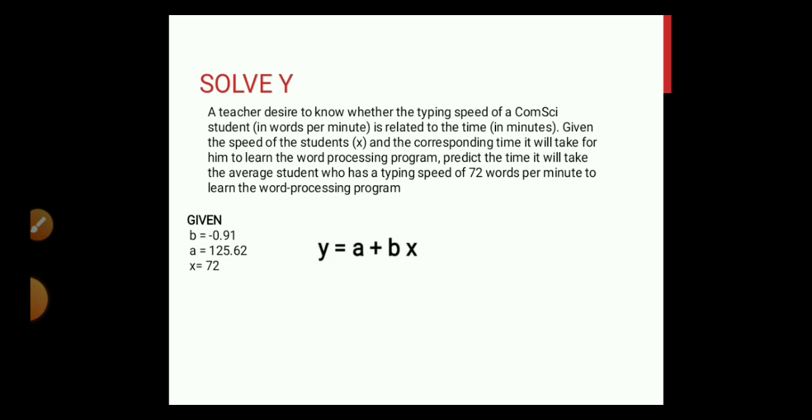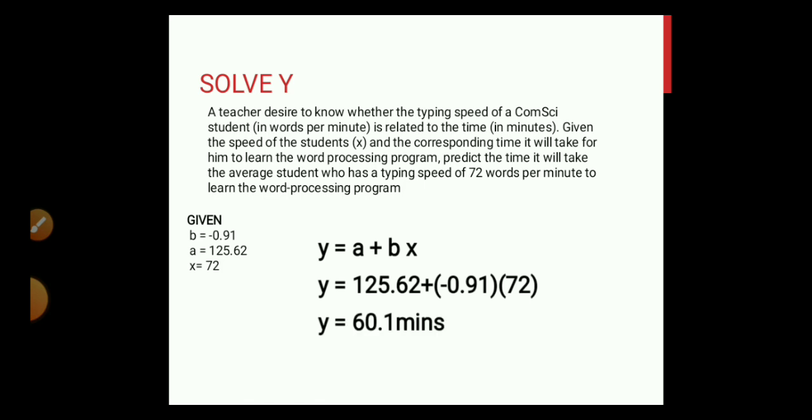So we will use this formula: y equals a plus b times x, and substitute the values. We have 60.1 minutes. So a typing speed of 72 words per minute will take 60.1 minutes.